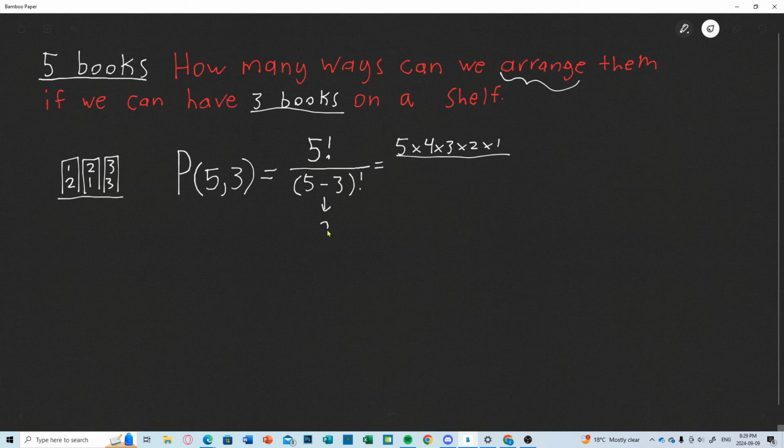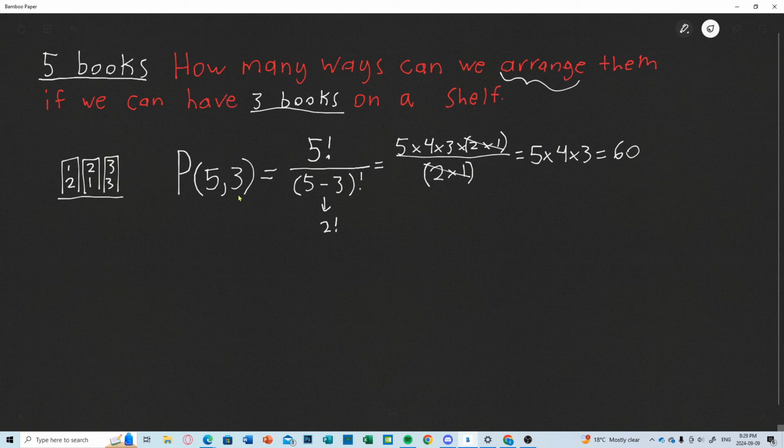So this is going to become 2 factorial, which will just be 2 multiplied by 1. Now if you want, you can see that there's 2 multiplied by 1 here, and you're able to cross them out just so you have to worry about 5 multiplied by 4 multiplied by 3, or you could just put this all into a calculator and let it do it for you. But I'll have it do this, so we'll have 5 multiplied by 4 multiplied by 3, which will give us 60.